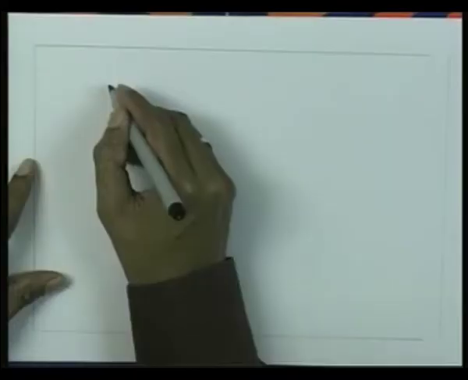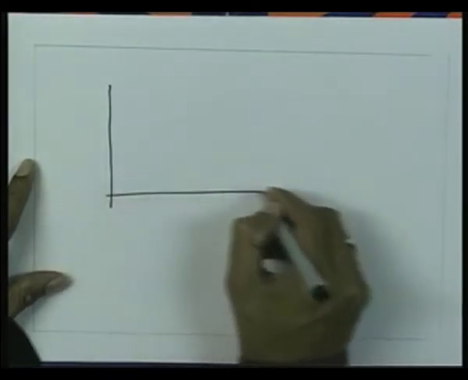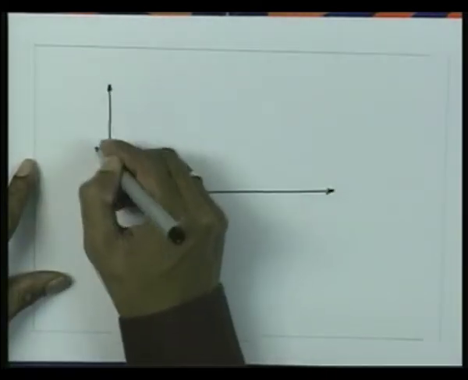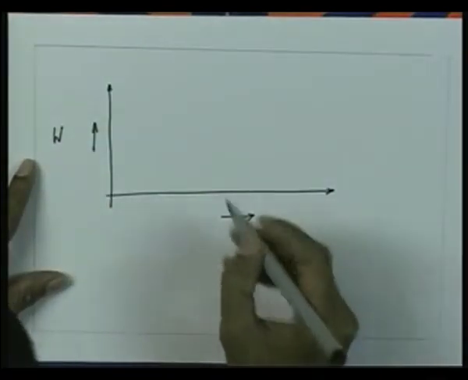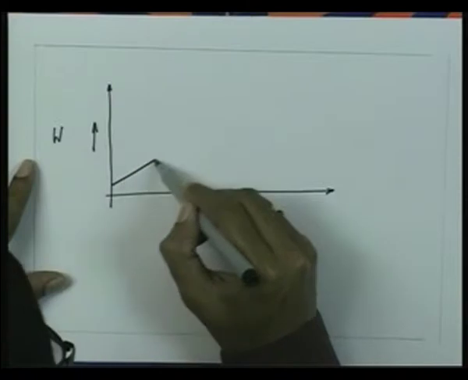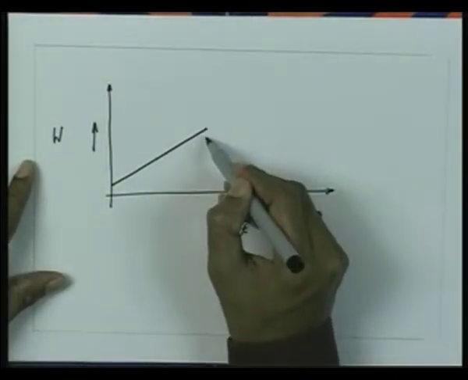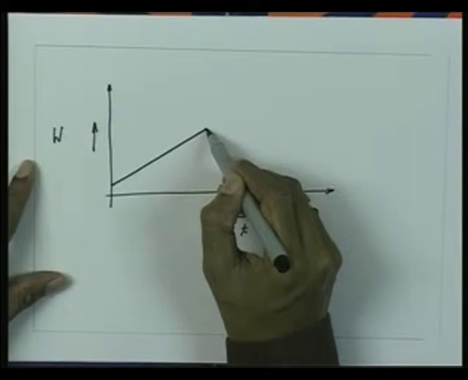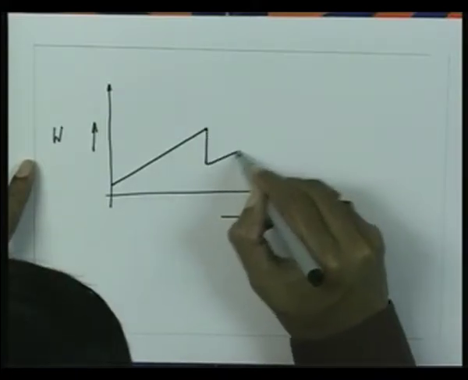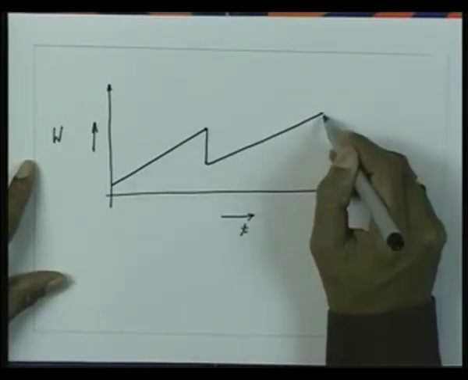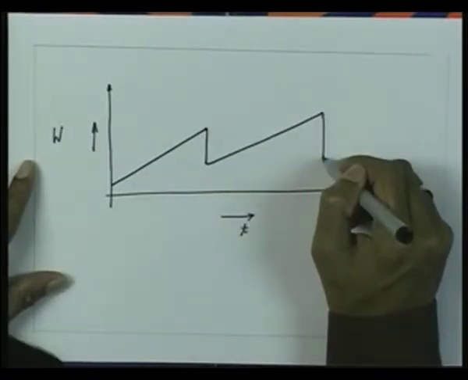Let us recapitulate how TCP's congestion control mechanism operates. As we had seen, it follows an additive increase and multiplicative decrease. Here is the window size W, and here is the time T. The window size increases from 1, and whenever it detects a packet loss, it drops its window size to half, then again it increases its window size, and if it detects a packet loss, it drops its window size to half, and so on.